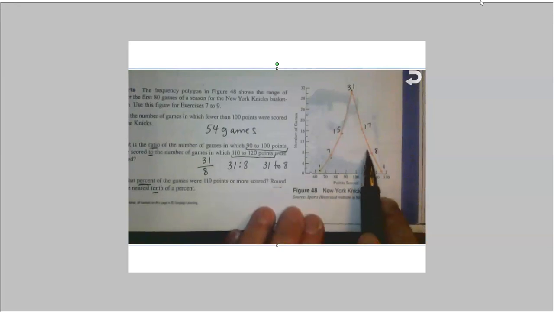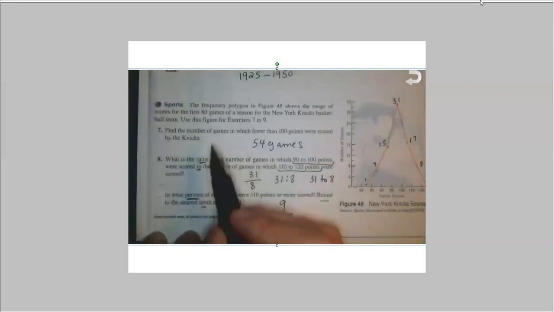All right, another one. In what percent of the games were 110 points or more scored? We're going to round to the nearest tenth of a percent. All right, so 110 points or more. So I'm looking right here over. So from 110, it's going to be this 8 plus 1.